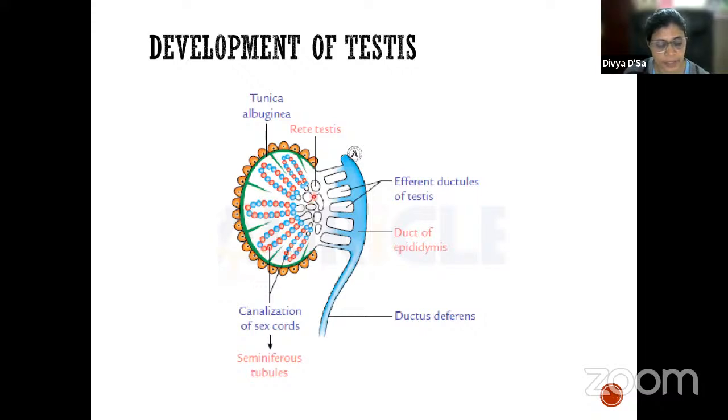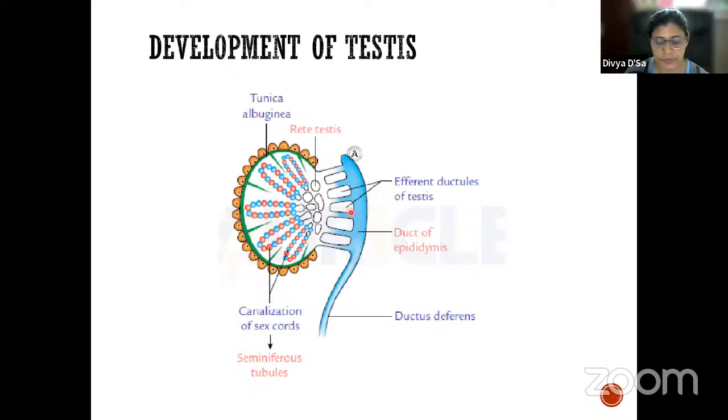The mesoderm around the seminiferous tubules, whatever is present between them, forms which cells? The interstitial cells of Leydig. By the 8th week of intrauterine life, these interstitial cells of Leydig start secreting testosterone, which influences the further development and differentiation of the male genital organs.